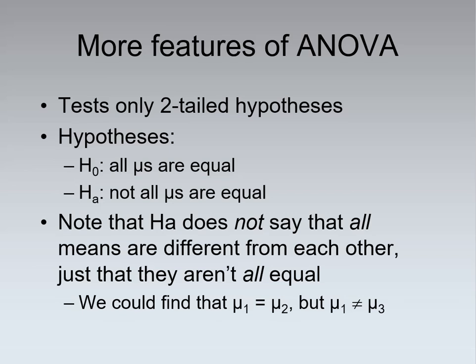We will say not all mu's are equal. Because all we need is one not to be equal in order to negate the null hypothesis. And that's the point. We just need to negate it. We don't need to completely reject it. We just need to say one part of this isn't true, and therefore we will find support for the alternative if that were to be the case.